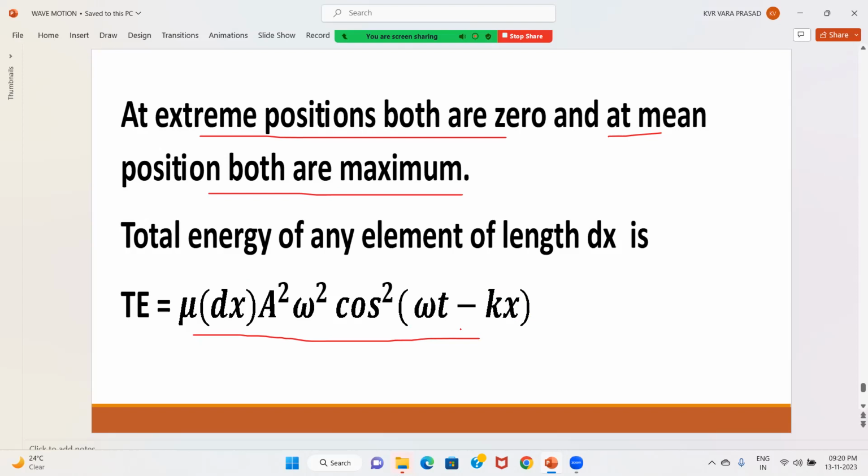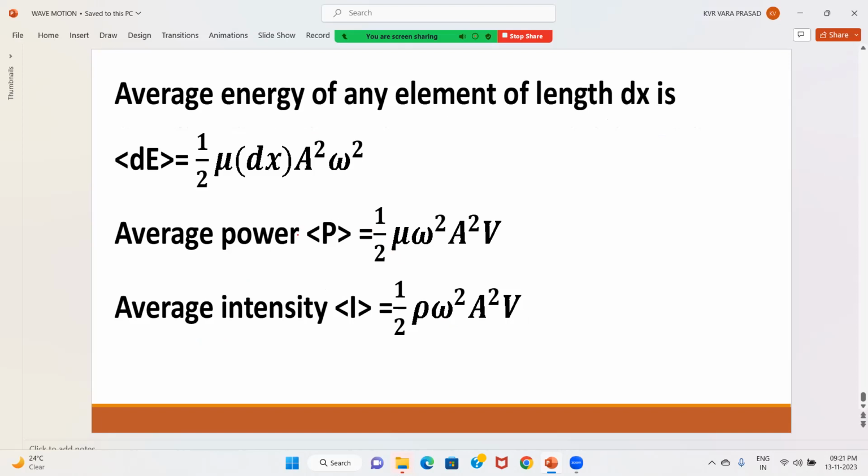And if you want to take the average value in one cycle, we know that for the cos square function, the average value in one cycle is a half. Therefore, average energy of any element of length dx is half mu dx a square omega square.